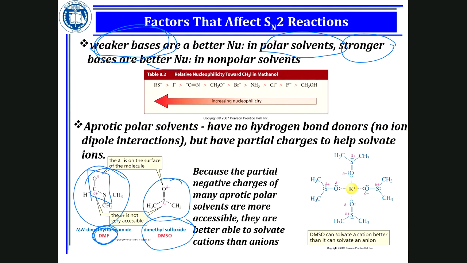So what about these aprotic solvents? Aprotic solvents can solvate the positive charge, but they are not solvating the negative charge. So let's say you have KF, where we looked at fluorine already being a very weak nucleophile.